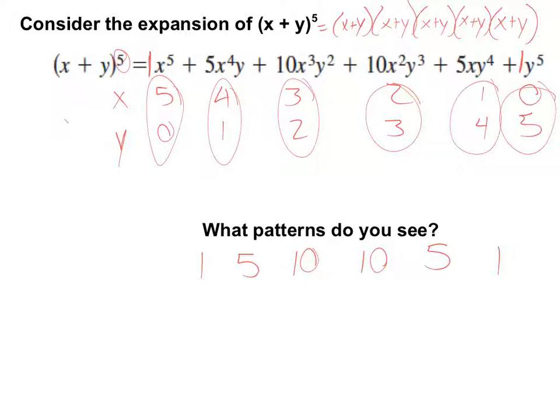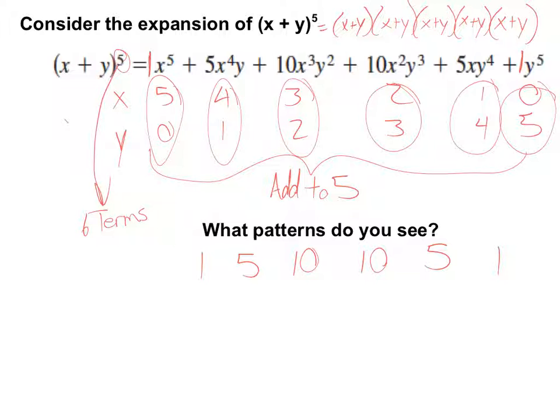So if you're raising it to the 5th power, you're going to have 6 terms. Okay? So great. We've got a lot of good patterns that we see in here, and those are going to be important to recognize as you're doing various problems.